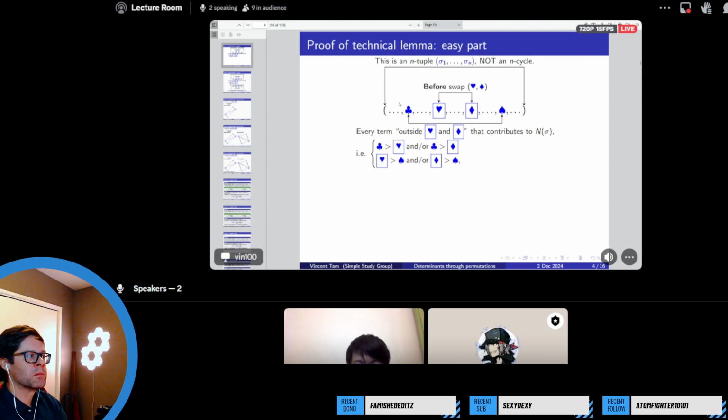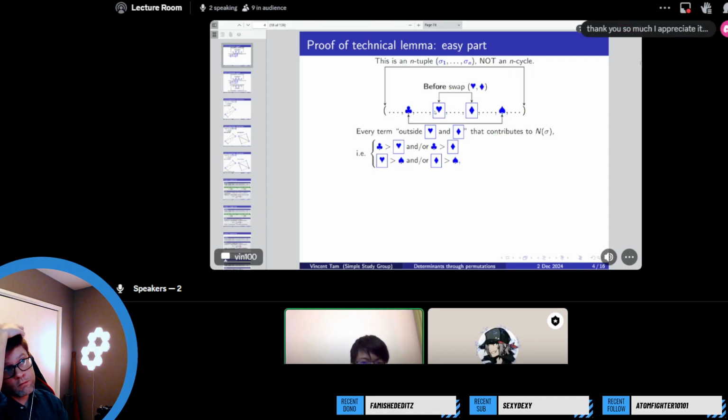So our goal for proving the technical lemma is to show that after swapping two chosen elements, like the heart with the tile, the number of inversions will be changed by an odd number of times.